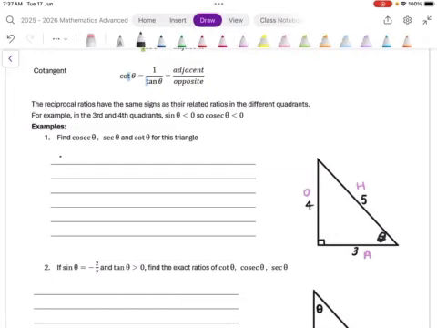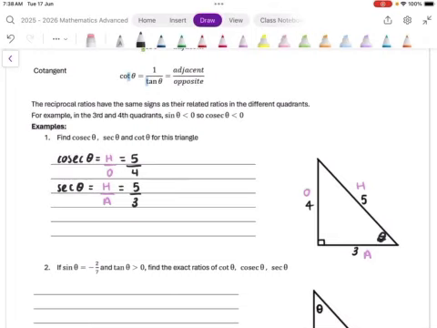So for cosec theta, that is equal to our hypotenuse over our opposite side. Our hypotenuse is 5 over our opposite side of 4. For sec theta, this is equal to our hypotenuse over our adjacent side, and so that is equal to 5 over 3.